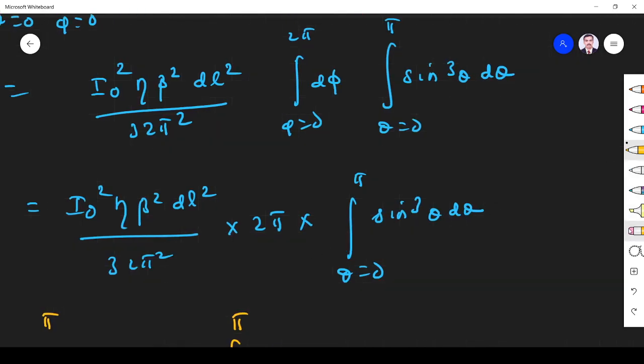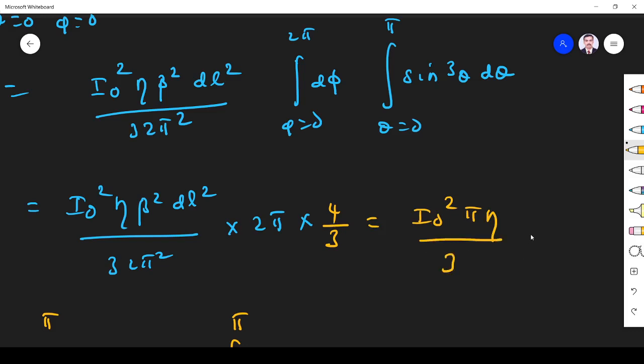So we remove this and substitute 4 by 3 in place of the integral. So this is our P radiated, which will be equal to I naught squared pi eta divided by 3 into dl by lambda whole square.